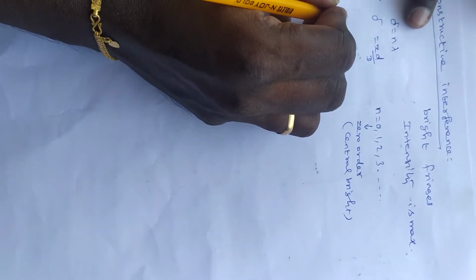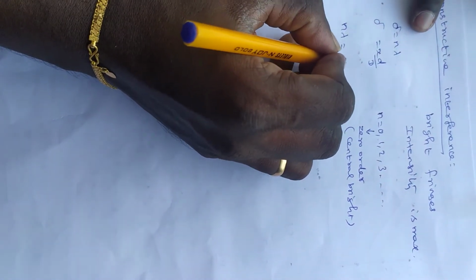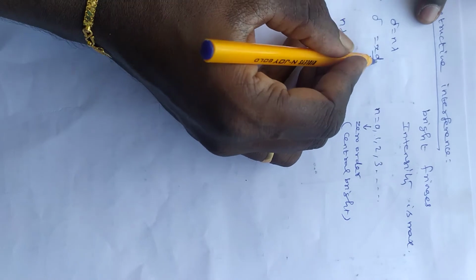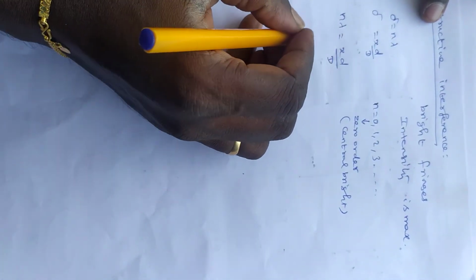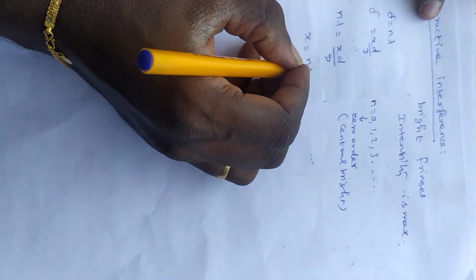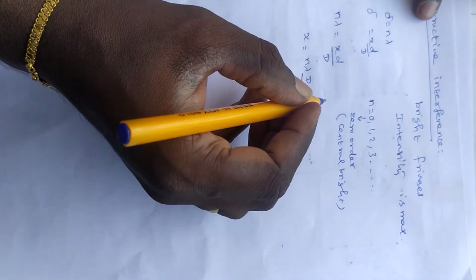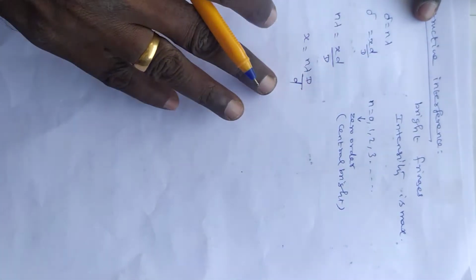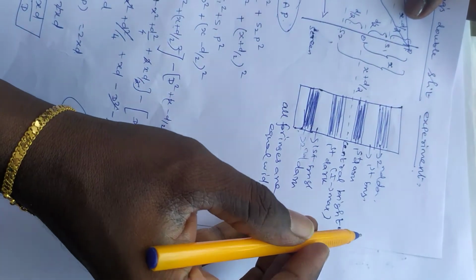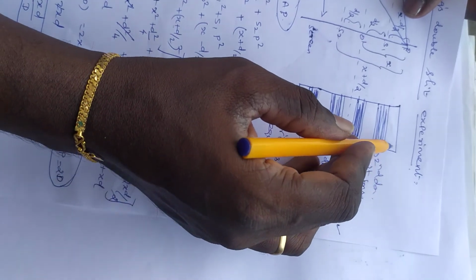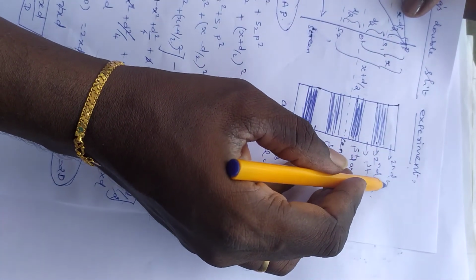Then n lambda is equal to x d by capital D. Two equations, both are equal to del. So n lambda is equal to x d by D, where x is equal to n lambda capital D divided by small d, where x gives the distance from the central bright fringe to the nth bright fringe, first bright fringe, or second bright fringe.